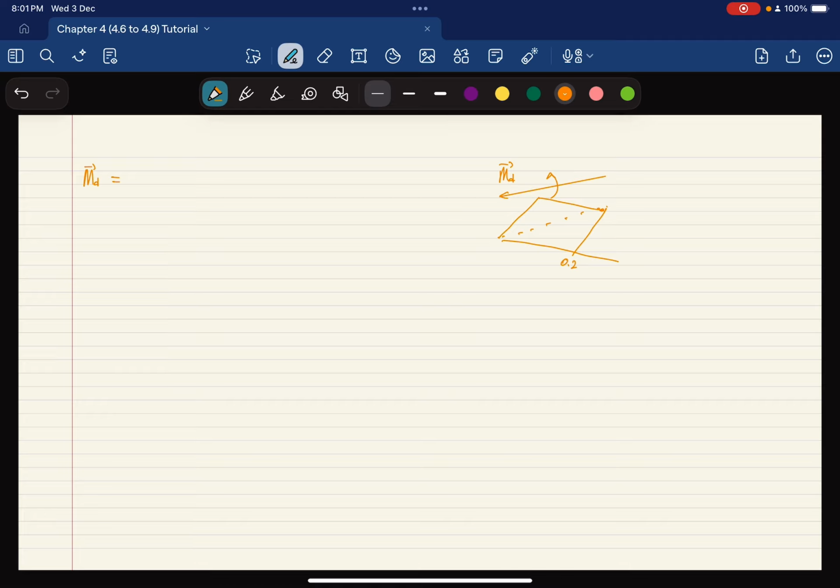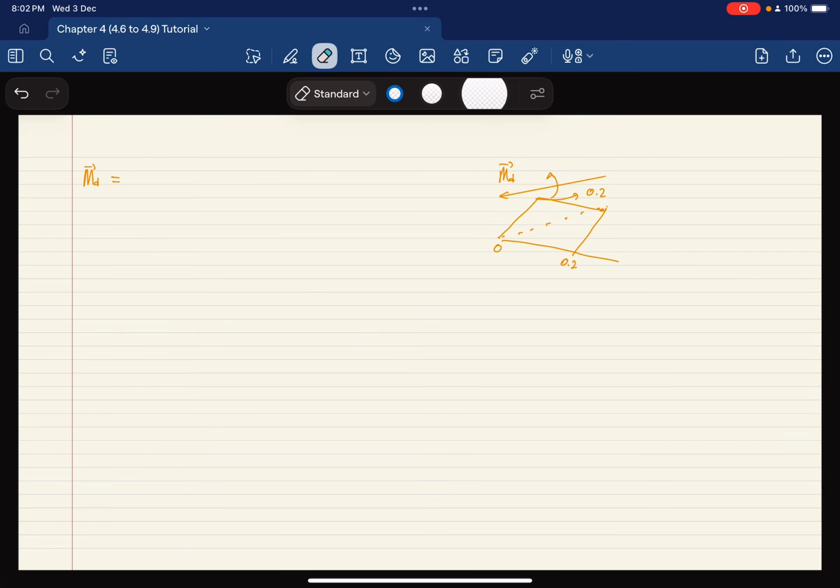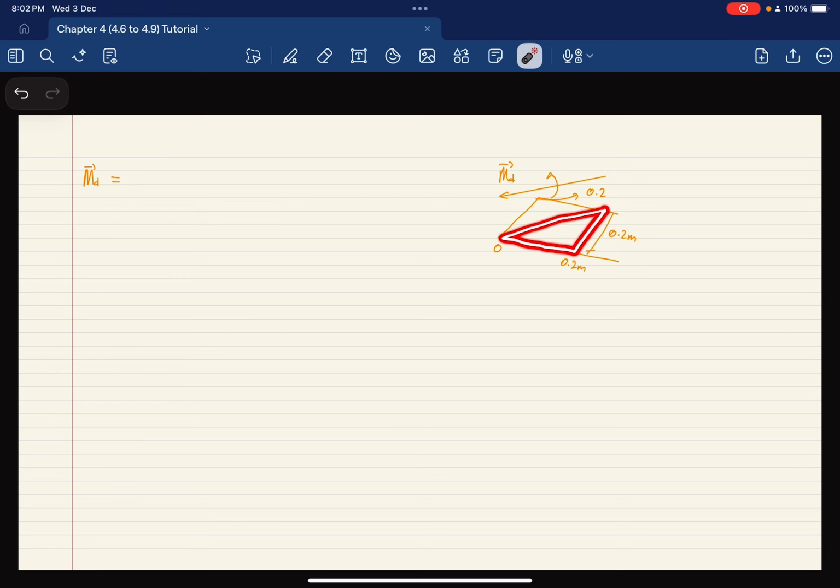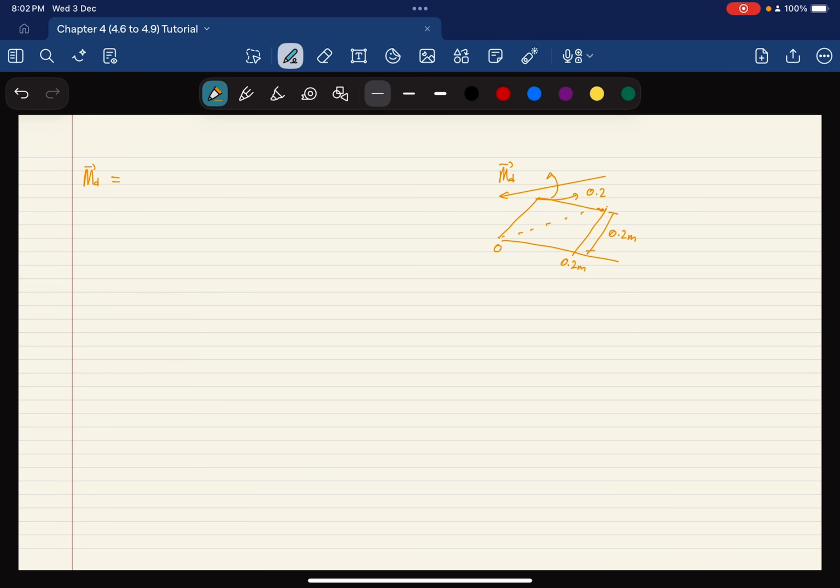This is 0.2 and 0, and at this point we can consider 0.2. So what we can see here is a triangle, and this triangle has an angle to it. This is the y-axis and this is the x-axis in the negative direction. So you have to resolve the M4 vector into its y and x components as well.